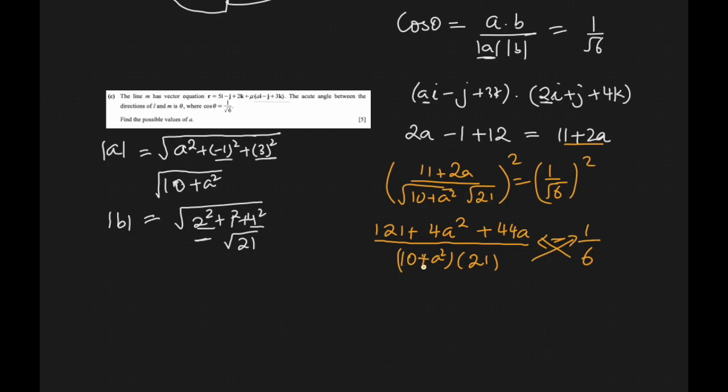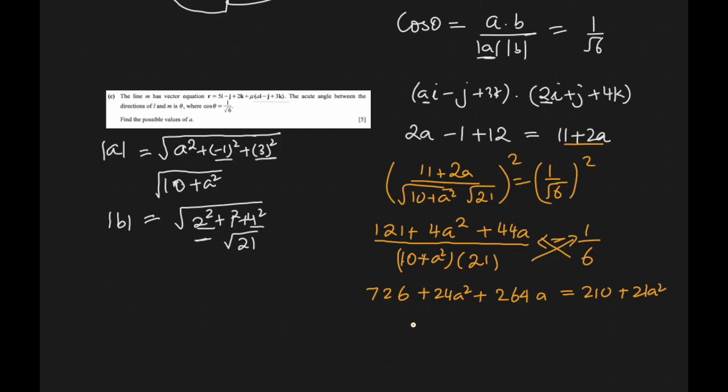To make it a quadratic. So 726, then 6 times 4, 24, a squared, plus 6 times 44 is 264, a, equal to 210 plus 21 a squared.